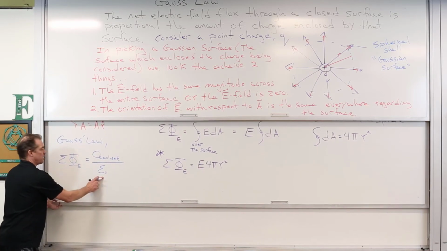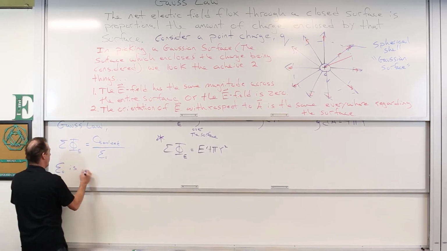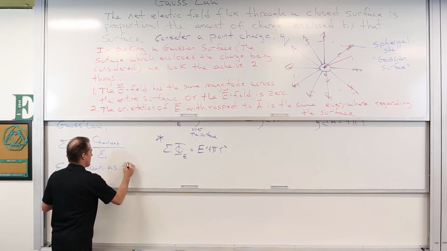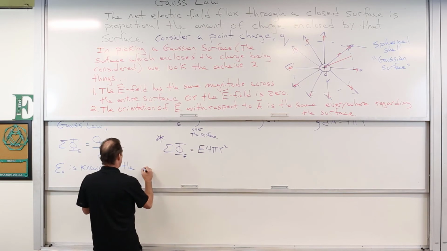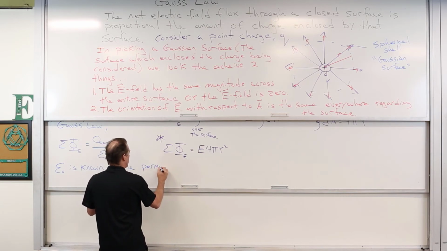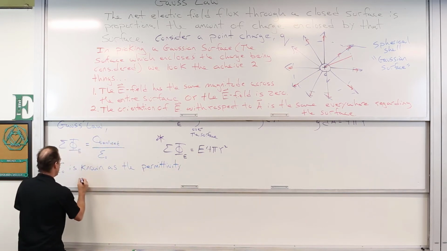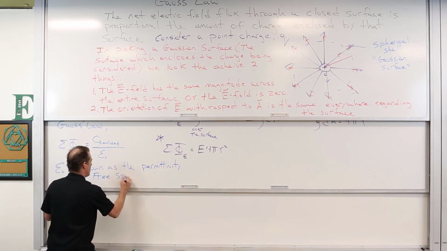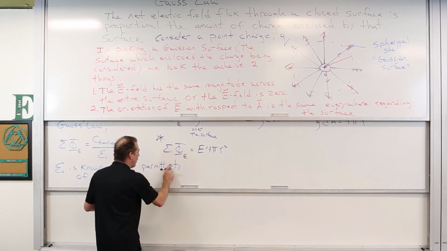This is the constant of proportionality. Epsilon 0 is known as the permittivity of free space. It is a universal fundamental constant.